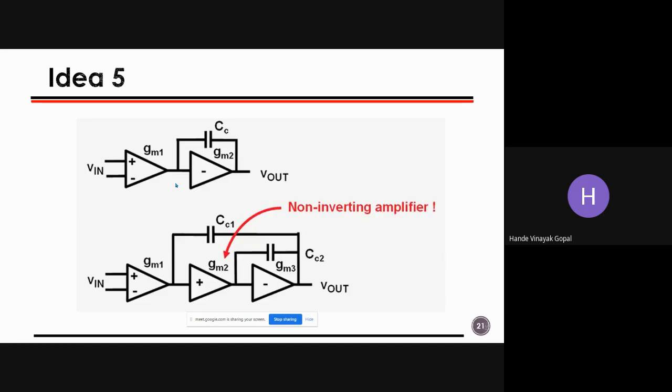But I cannot go like this infinitely because every node has its own capacitances, right? And because of that, there will be the issue of stability.